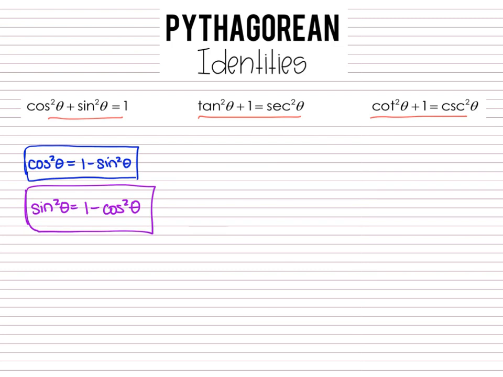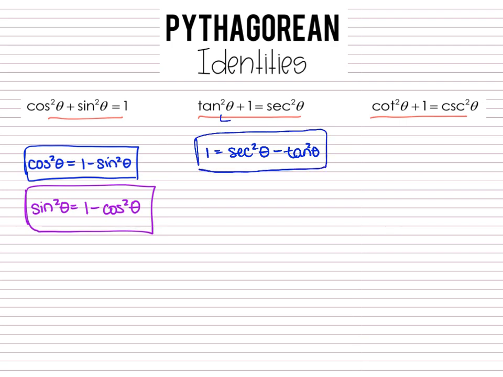So for the second expression, tan squared plus 1 equals secant squared, right now I have secant squared by itself. But what I can do is move the tangent squared over to have 1 by itself. So I also have 1 equals secant squared theta minus tangent squared theta. That's another iteration.